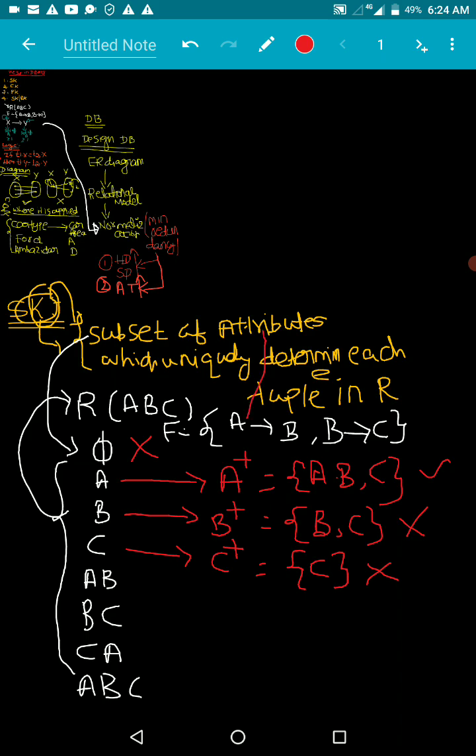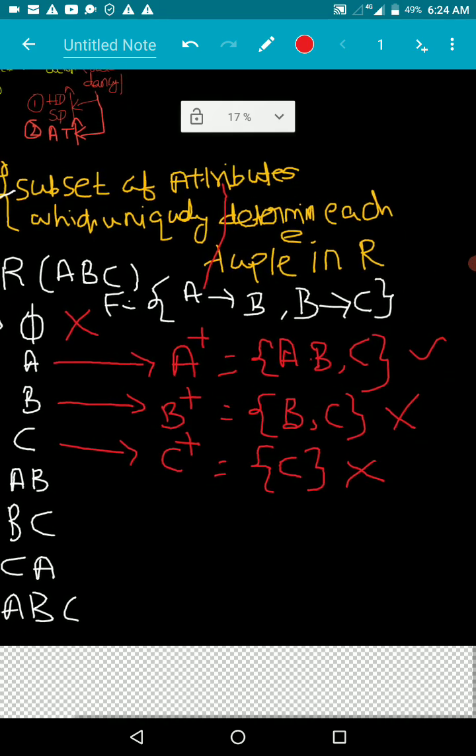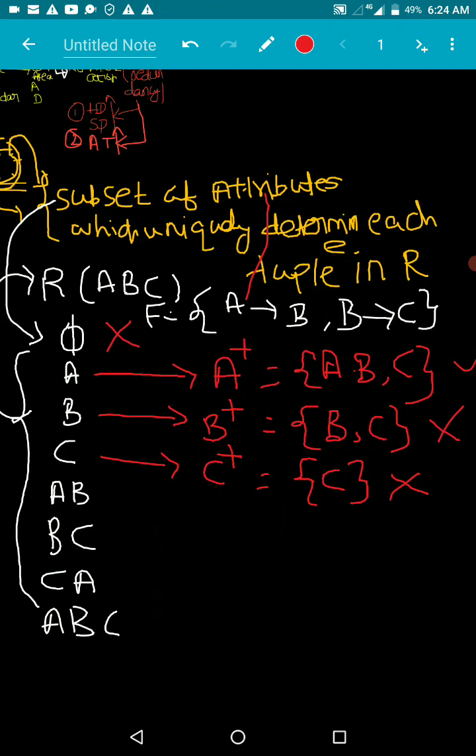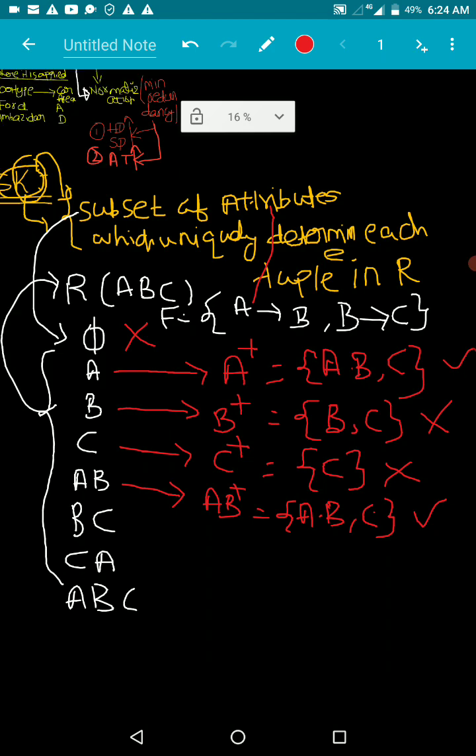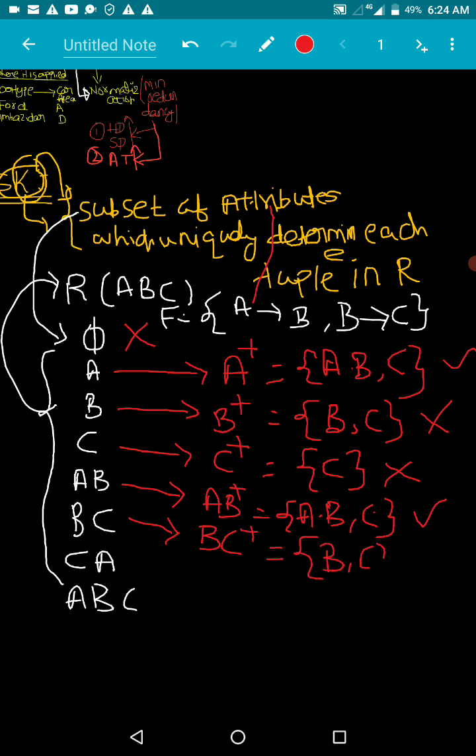In this way, we determine the closure of all the subsets. AB closure will be determined as A, B, C. Yes, it determines all the attributes. Therefore, AB is a super key. BC closure will determine B, C only.